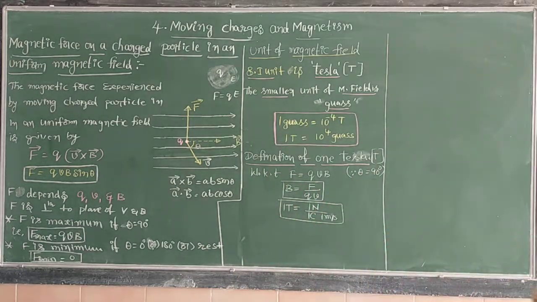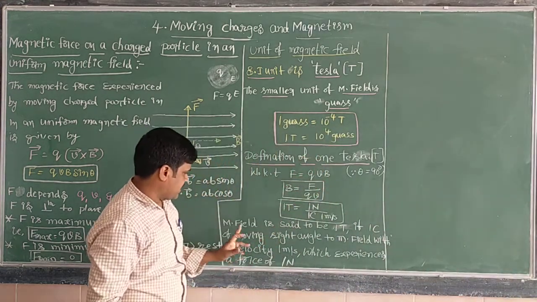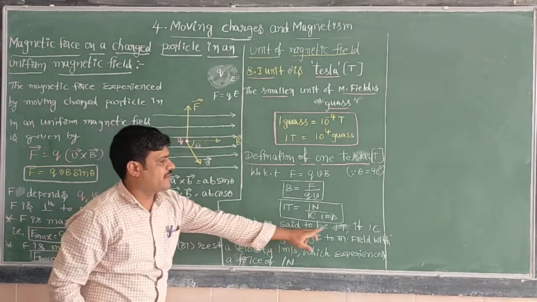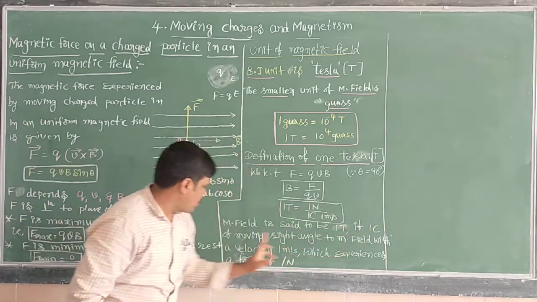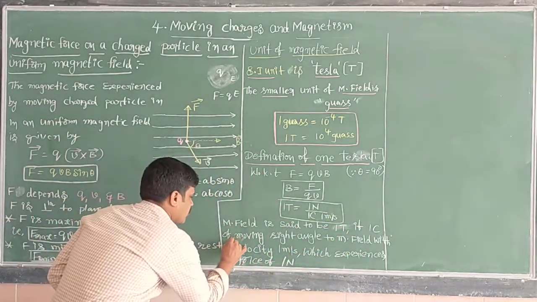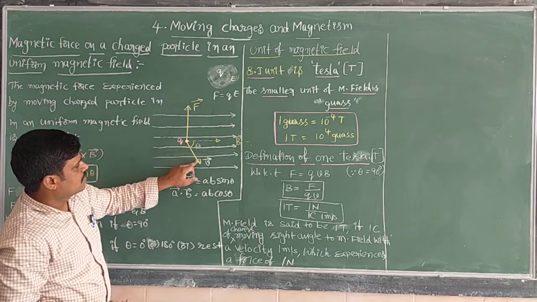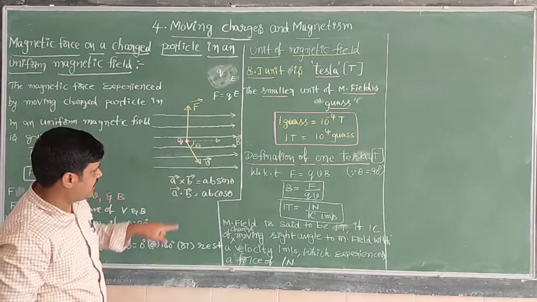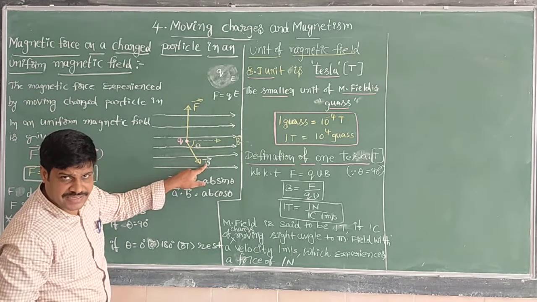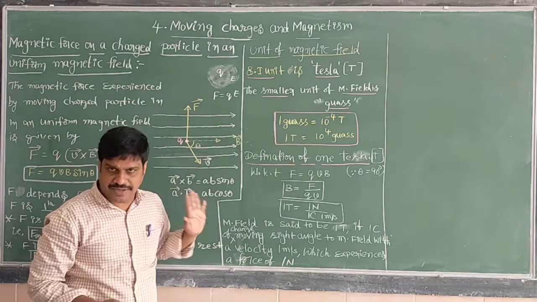Listen to me, I will write here. The definition of 1 Tesla: the magnetic field is said to be 1 Tesla if 1 coulomb of charge moving at right angle to the magnetic field with a velocity of 1 meter per second experiences a force of 1 Newton.